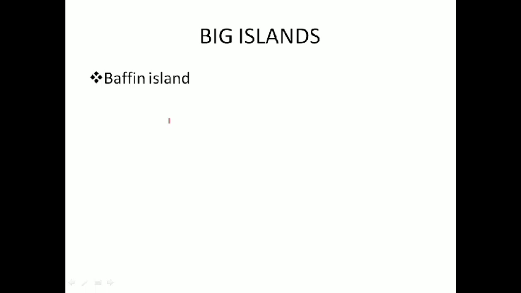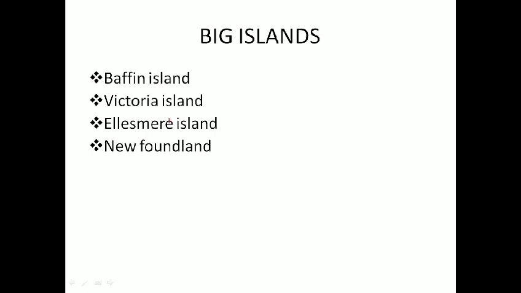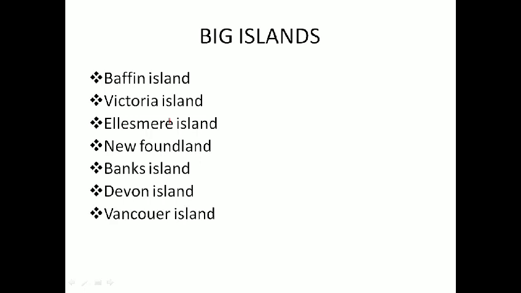If you see them clearly, you will find Baffin Island, Victoria Island, Ellesmere Island, Newfoundland Island, Banks Island, Devon Island, and Vancouver Island. Okay, these are the prominent islands, or what we say the big islands in Canada.